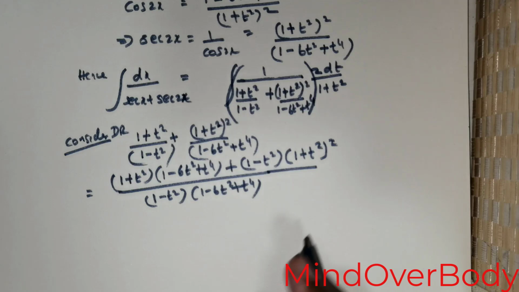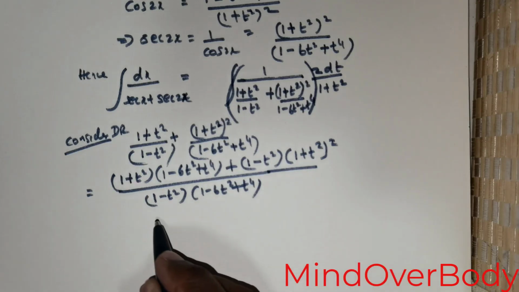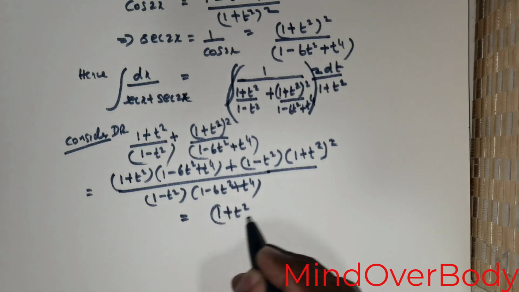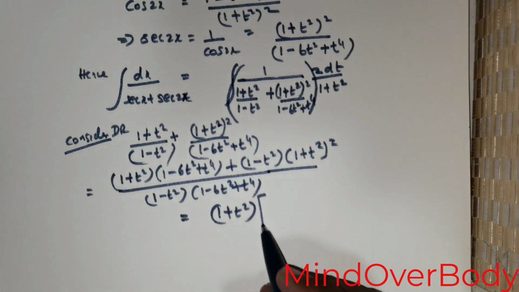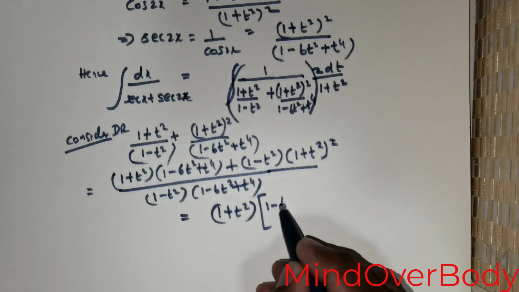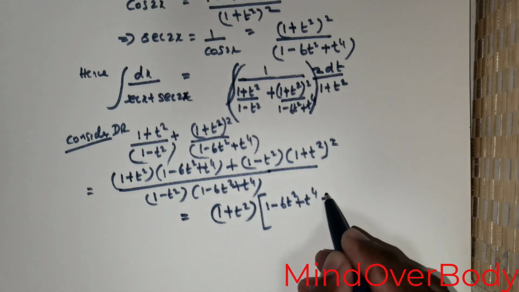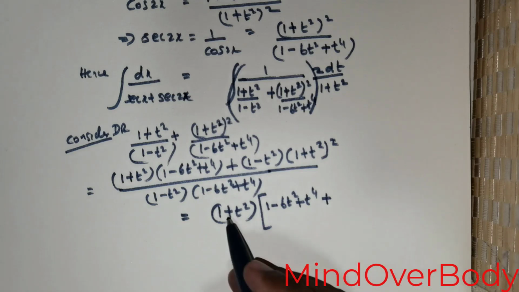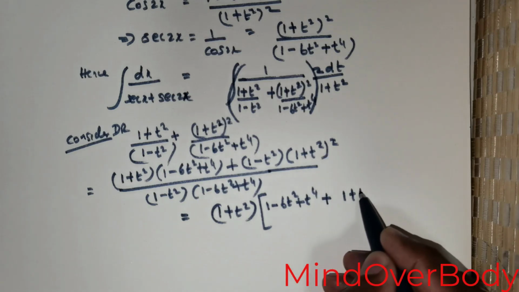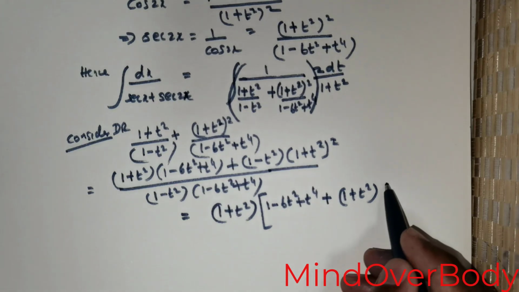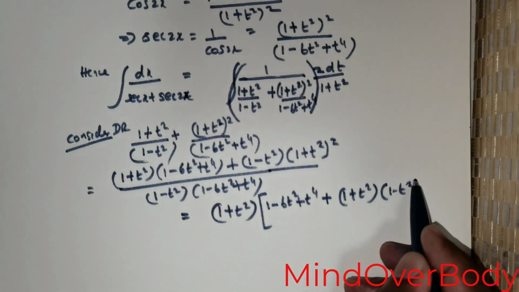Now what I wish to do is take (1 + t²) out. So this is equal to, taking (1 + t²) out, I would get (1 − 6t² + t⁴) followed by a plus, and this is going to be (1 + t²) multiplied with (1 − t²), divided by the quantity over here, which is (1 − t²) times (1 − 6t² + t⁴).